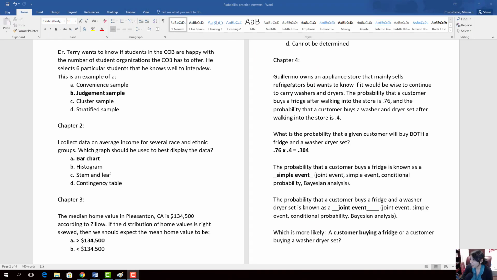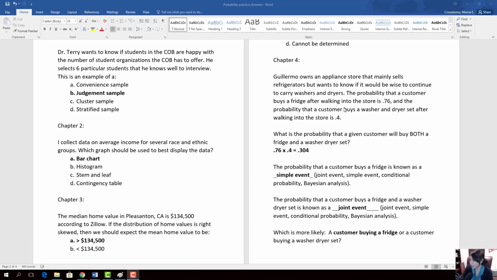Okay, Chapter 4. Guillermo owns an appliance store that mainly sells refrigerators, but wants to know if it would be wise to continue to carry washers and dryers. The probability that a customer buys a fridge after walking into the store is 0.76, or 76%, and the probability that a customer buys a washer and dryer set after walking into the store is 0.4, or 40%. What is the probability that a customer will buy both a fridge and a washer dryer set?